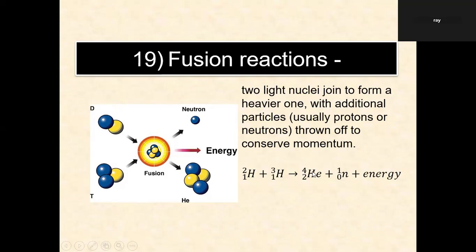With the heavier one, an additional particle, usually a proton or neutron, is thrown off to conserve momentum. This picture shows deuterium and tritium combining in fusion to produce helium and a neutron plus energy release.